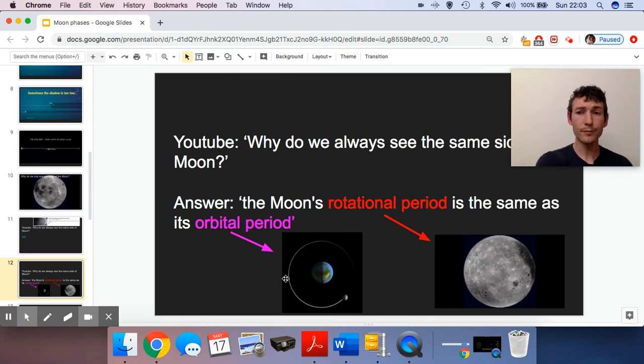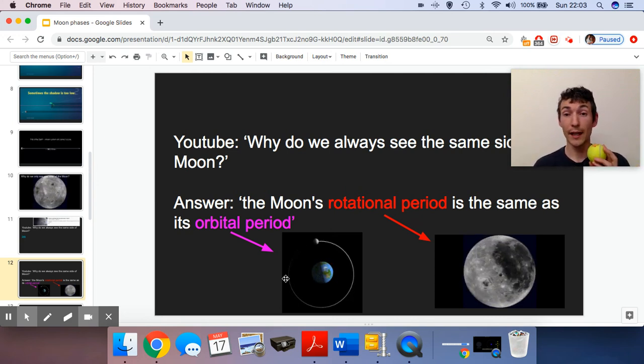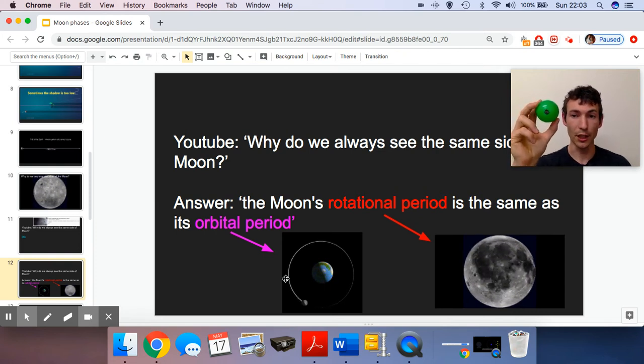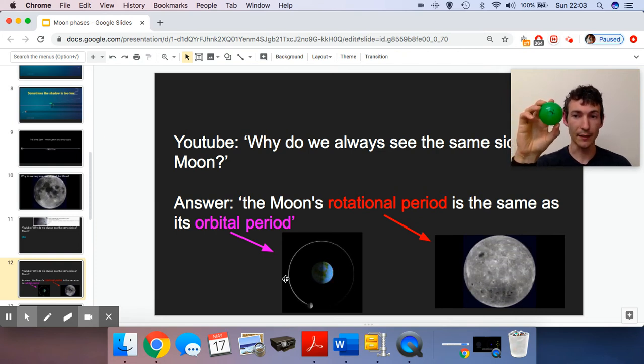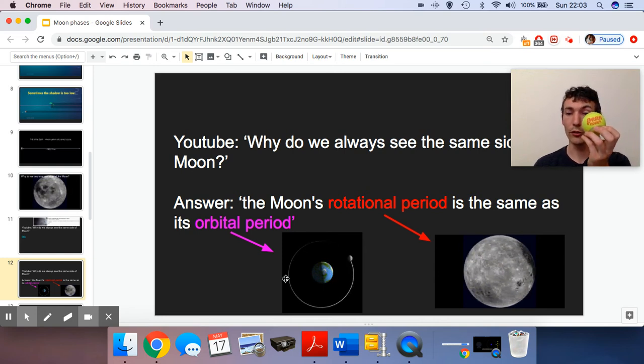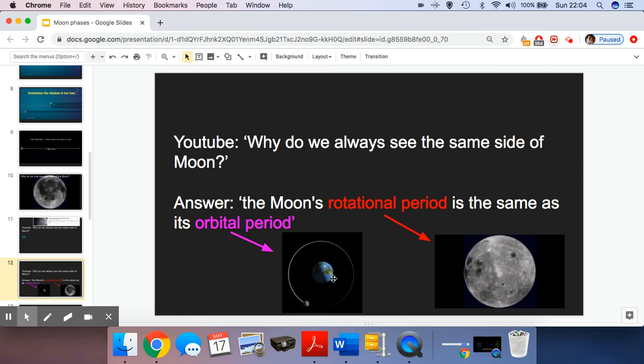Now, just like I'm getting you guys to make it, I like using models as well. I've got one ball here, it's got a dot on it and an X on it, and I've got a tennis ball here. The tennis ball is going to represent the Earth.